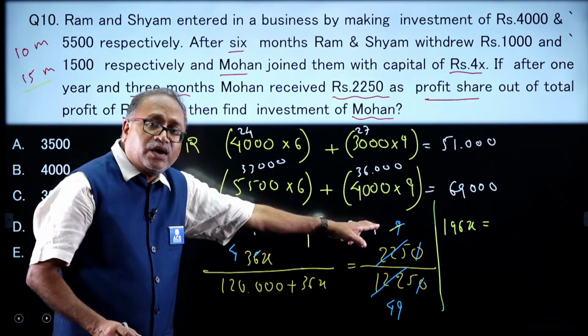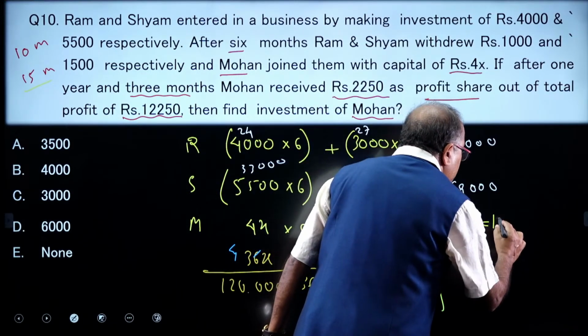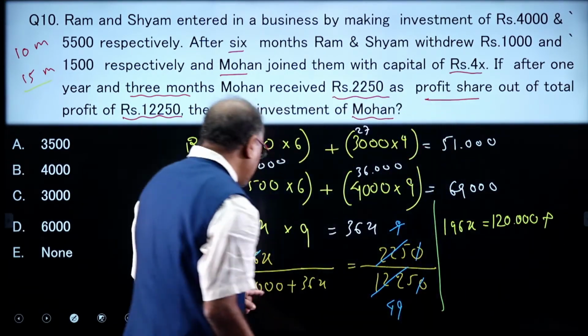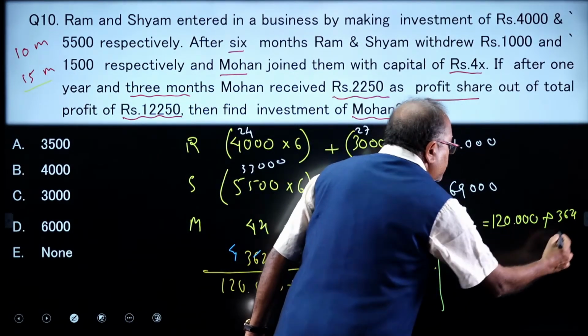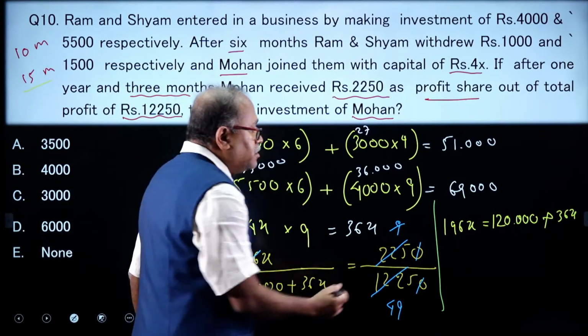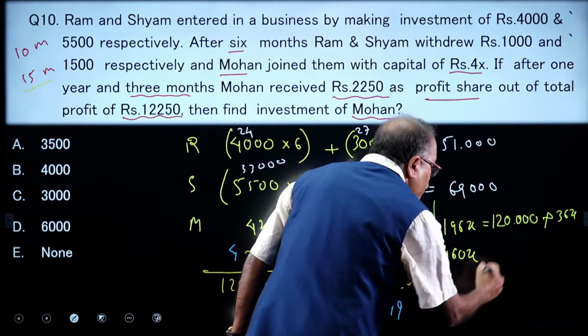So nothing is there, 1 is there. So 1,20,000 here, 120,000 plus how many x? That is 36x. I notice that here 36, if I take it out, 160x is equal to this much.